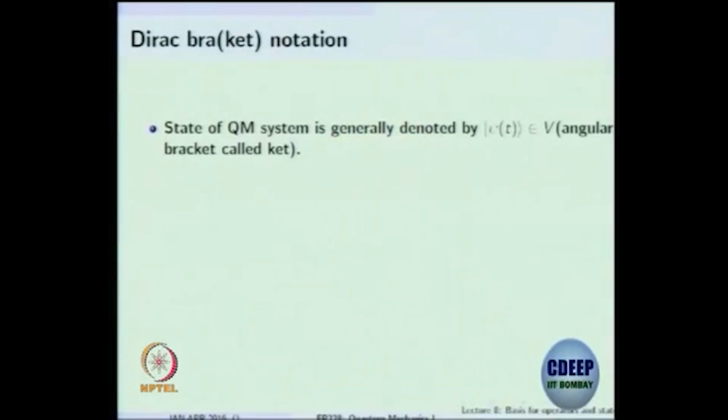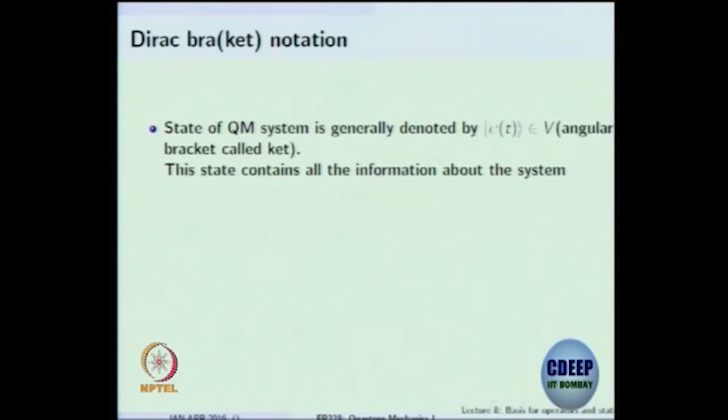Let me briefly summarize what we did in the last lecture. The state of a quantum mechanical system is formally denoted as psi. Typically this psi will evolve in time, so we call psi a function of time. Most of the time we suppress this t, but this is the state of the system, and this angular bracket is called a ket.